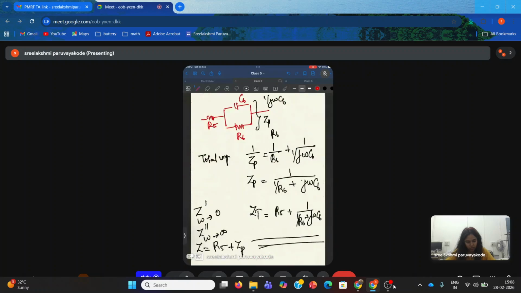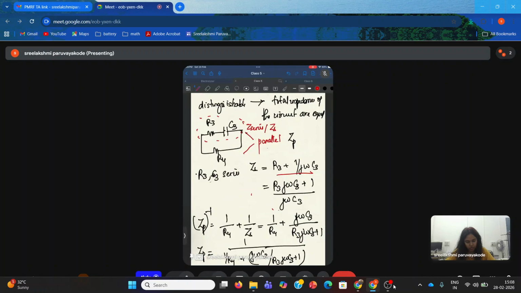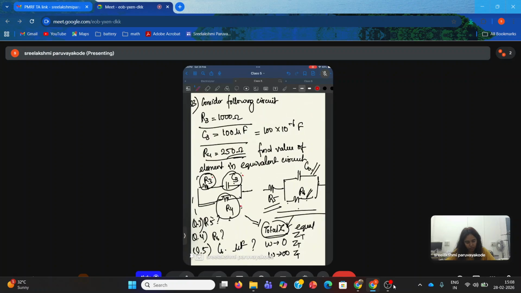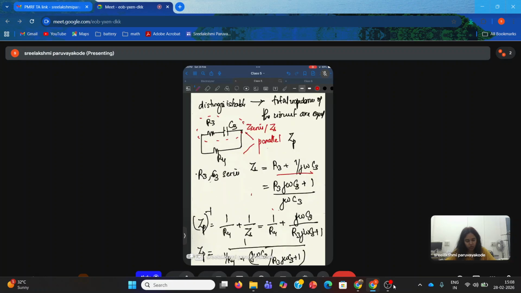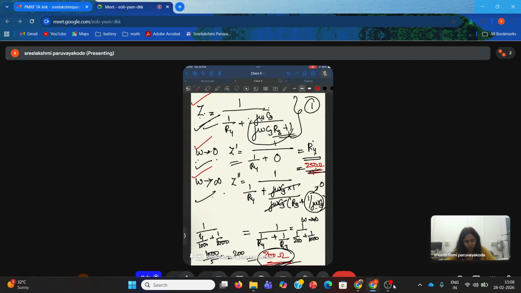So all this was related to distinguishability, where you know the values for R3, C3, R4, and you needed to find R5, C5, and C6. First you find the values at omega tends to 0 and omega tends to infinity. You get two equations, solved simultaneously, and you'll get the resistor values.